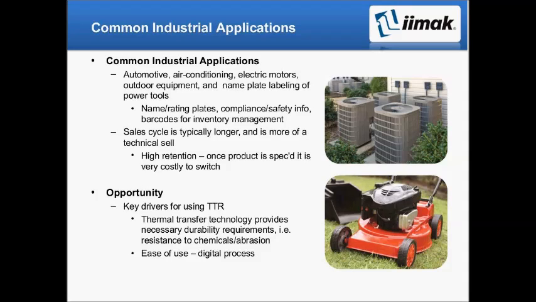The companies manufacturing these types of products use labeling for agency compliance information, rating, or product nameplates. In each case, the label must last for the life of the product.